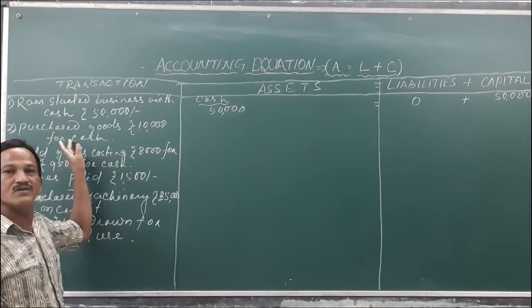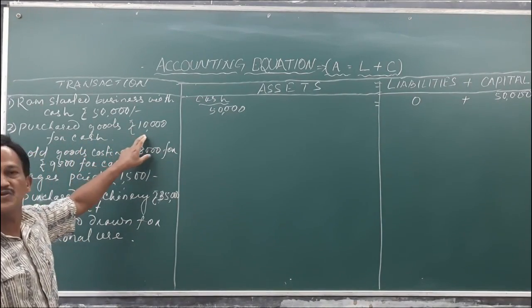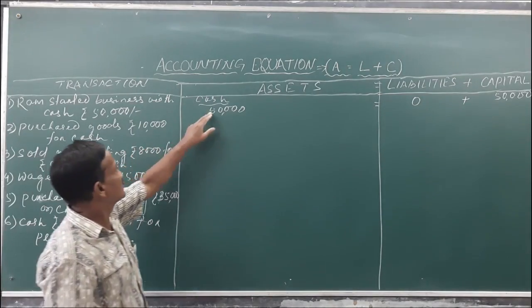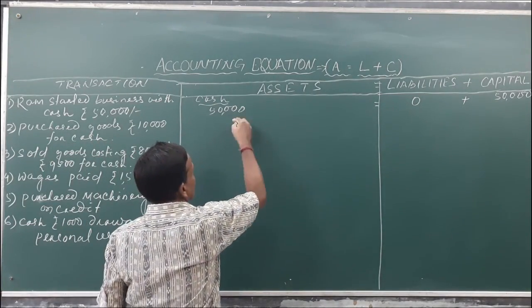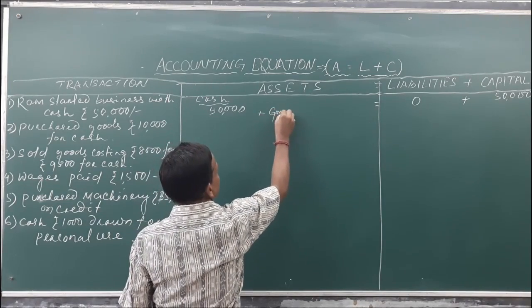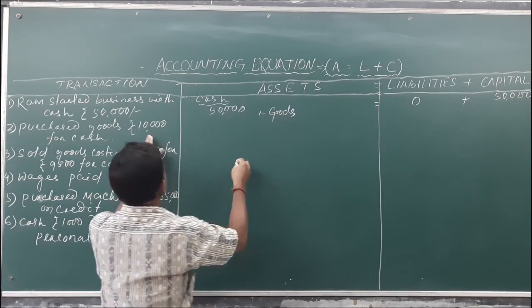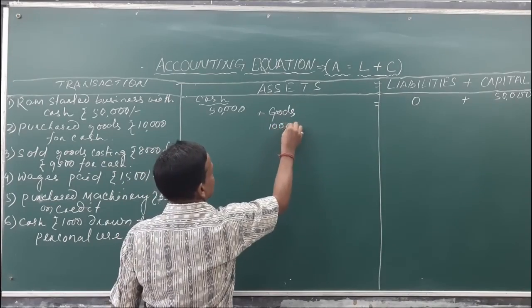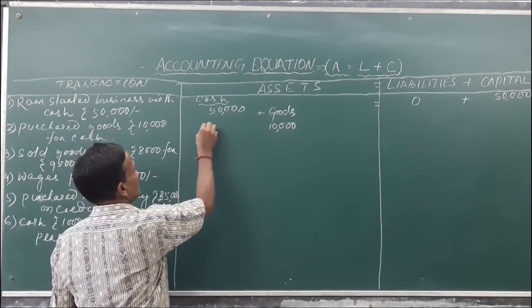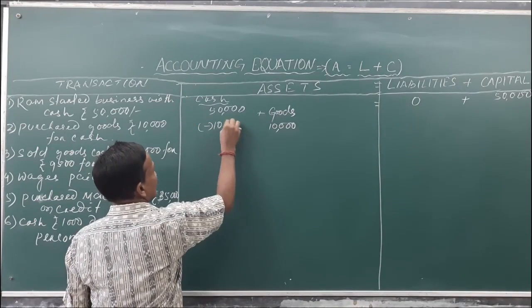Then the second transaction: purchase goods rupees 10,000 for cash. That means a second asset comes in, goods, 10,000, purchased for cash. So from cash, 10,000 rupees is subtracted.